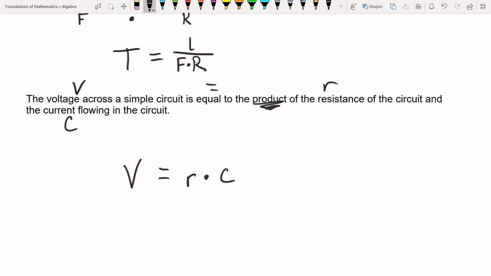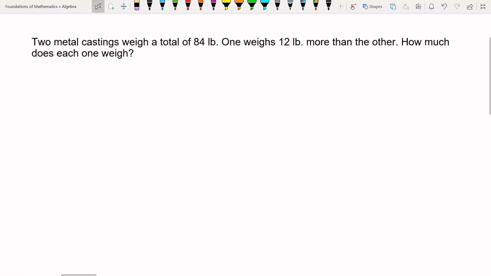Now in practice, this is actually written as V equals IR. That's the same thing as V equals I times R, where I is the current in amps and R is the resistance, and they use capital letters for those. But if you're solving a problem by yourself and you're given this, you could use this. It works just as well.